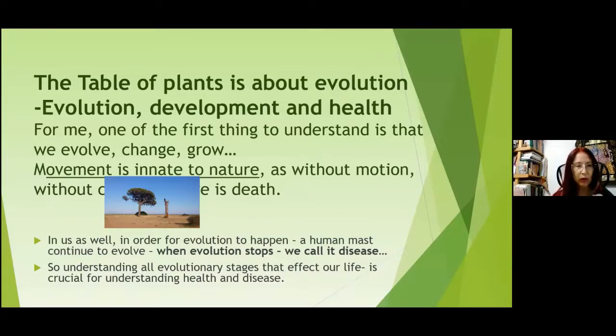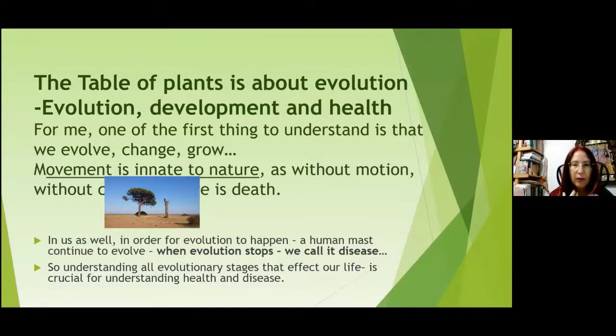So in order for evolution to happen on Earth, humanity must continue to evolve. And when evolution halts, stops, or gets convoluted, we call it disease.